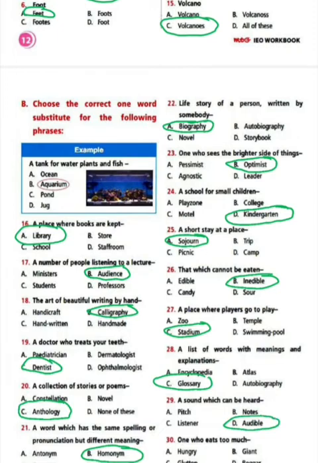D, audible. 30, one who eats too much. One who eats too much is a glutton. Not hungry, because hungry you can feel anytime, but one who eats too much is called glutton.